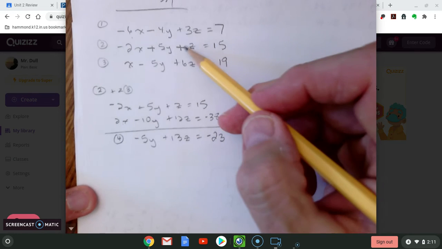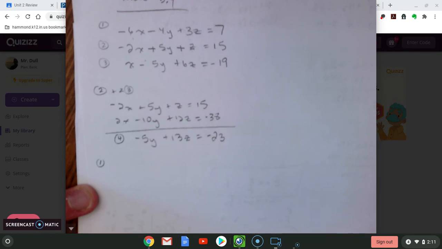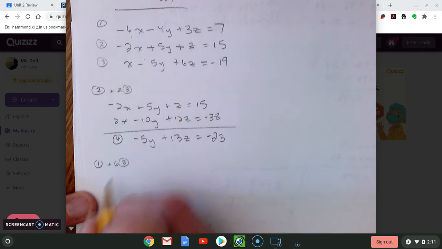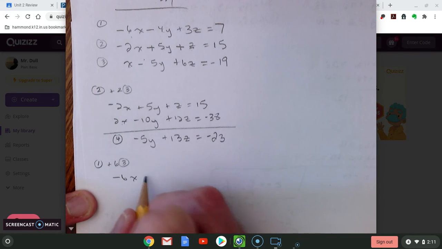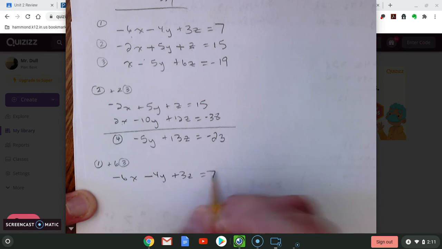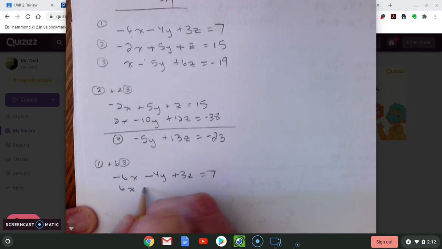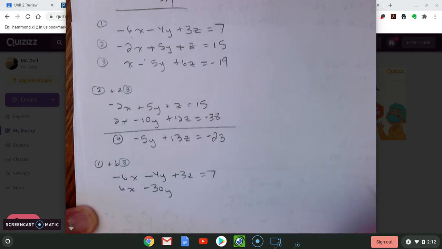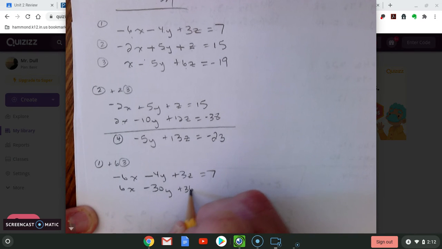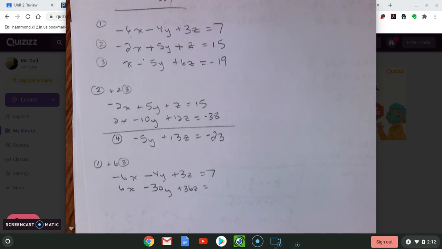All right, so now I need to go back in and combine a different pair of equations from my originals. So I'm going to go with 1 plus 6 times equation 3. Negative 6x minus 4y plus 3z equals 7. And this one I'm going to scale up times 6. So 6x minus 30y plus 36z, and then 19 times 6.